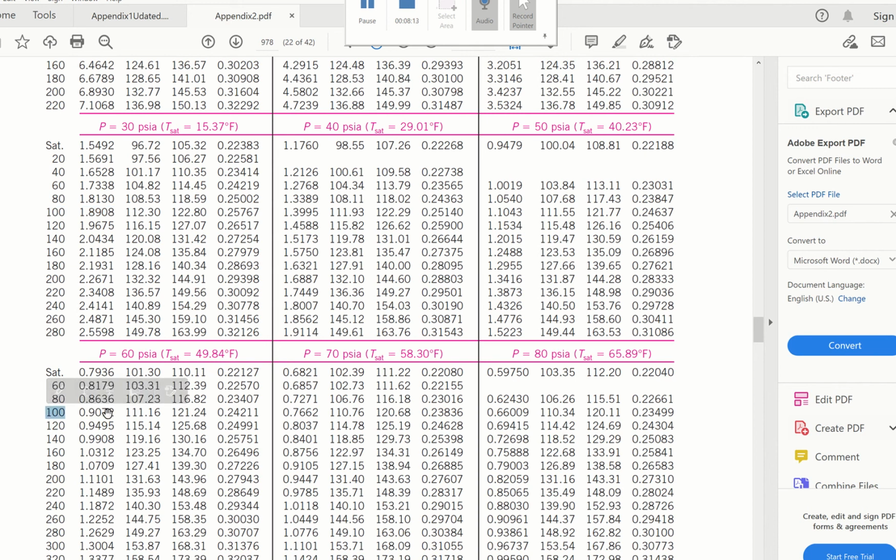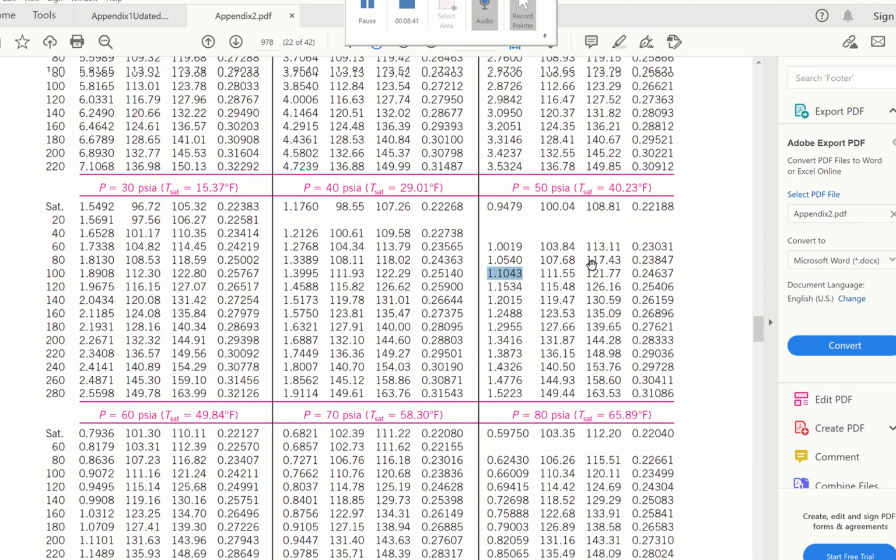At this 100, my volume here is 0.90, and at this one here the value is 1.1043. So it's between those two values. Then that's where we're going to get this information from.